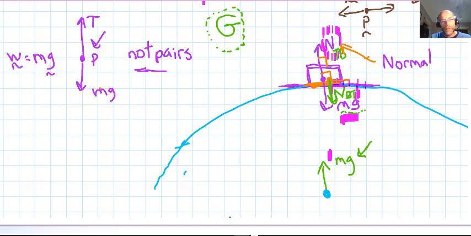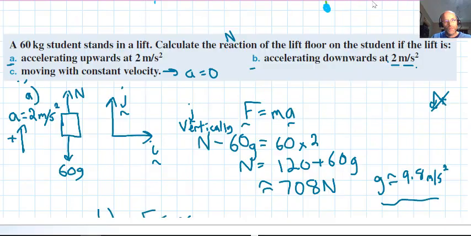Hopefully it's not crucial for this course, but hopefully that helped a little bit there. The main thing is that you use the fact that even though they're not a pair for the third law, they're still equal and opposite. N is equal and opposite to mg. Let's look at a couple of examples to finish the video off now.